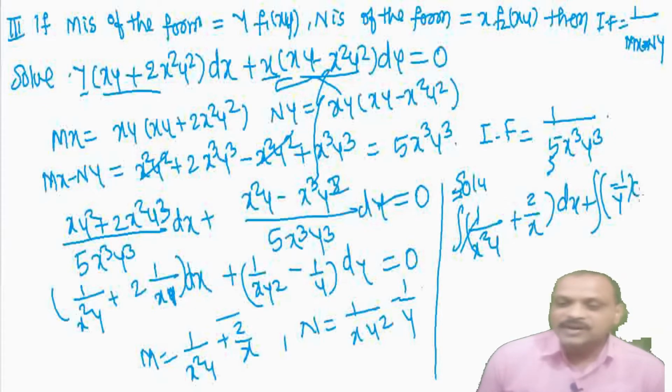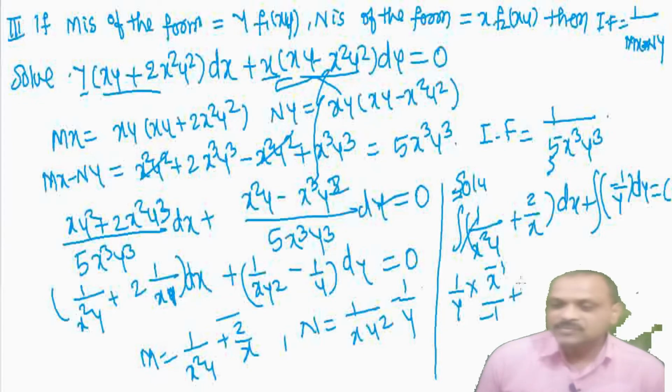Now 1 divided by x square, so 1 divided by y into integration of x raised to minus 2, which gives x raised to minus 1 divided by minus 1, plus 2 log of x minus log of y equal to the integrating constant c. So this is minus 1 divided by xy plus 2 log x minus log y, that means a log of x square divided by y, equal to c.